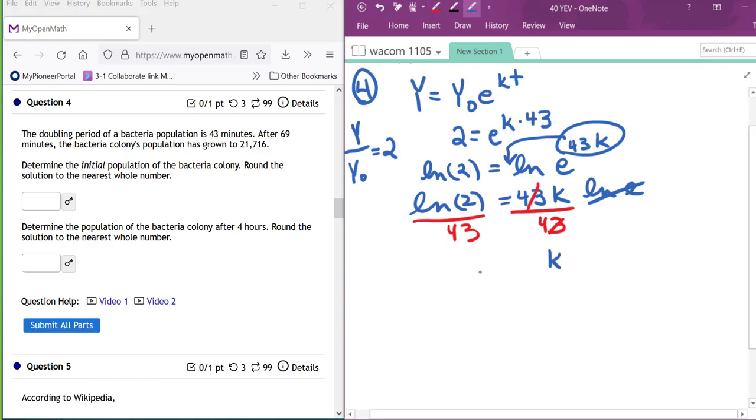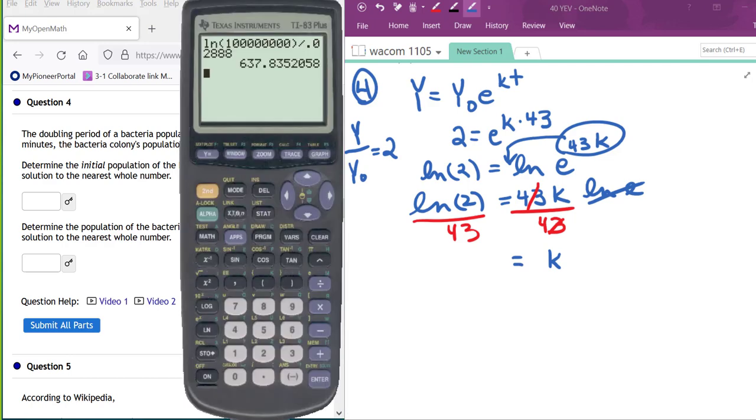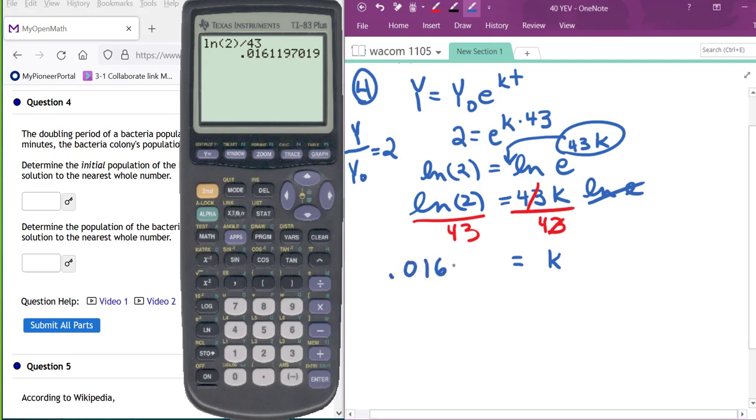So we'll get k, and we'll push this into our calculator. Natural log of 2 divided by 43, enter. 0.161197.